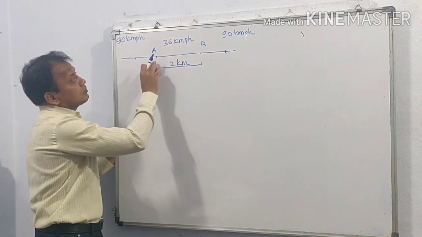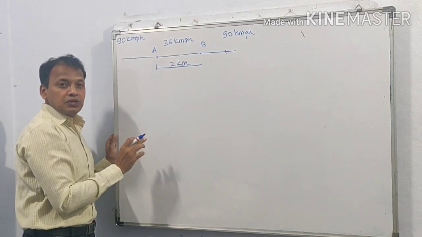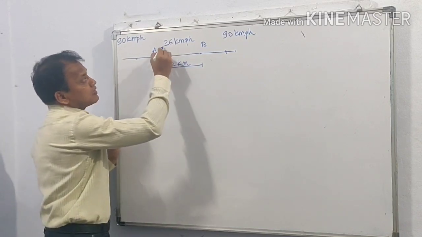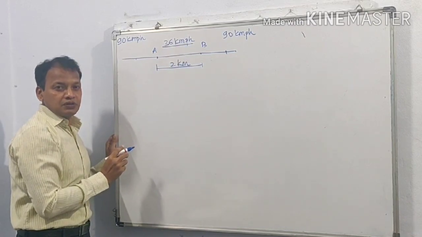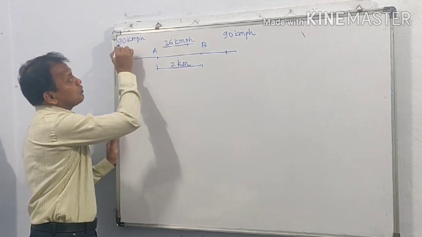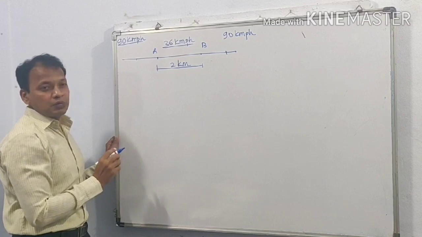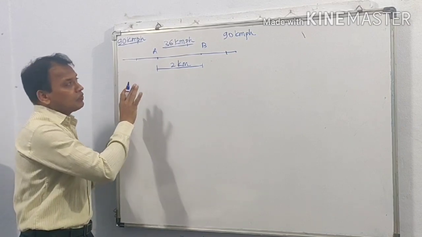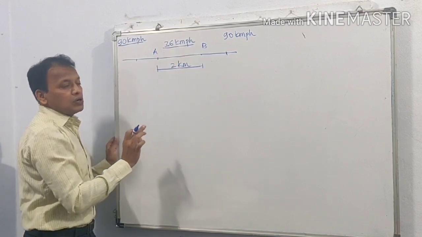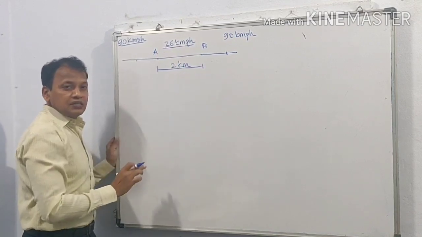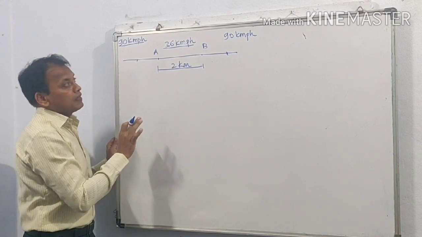Over this length AB, over which repair is undergoing, the maximum speed that a train can maintain is 36 km per hour. But the actual full speed of the train is 90 km per hour. So the driver has to maintain a speed of 36 km per hour on this 2 km length of track as the repair work is going on.